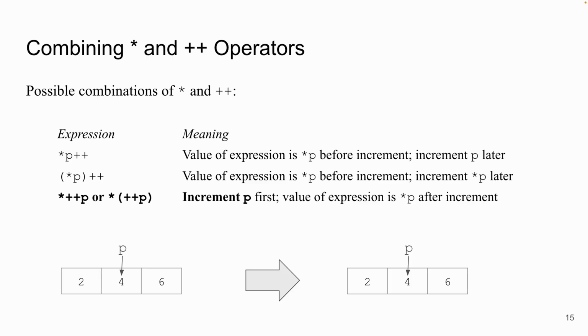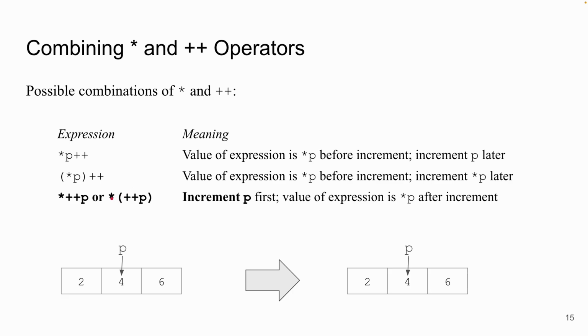We need to move p from here to here, because p originally pointed to the element 2. Then we get the value of *p after we move p.